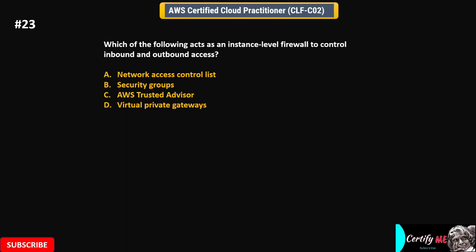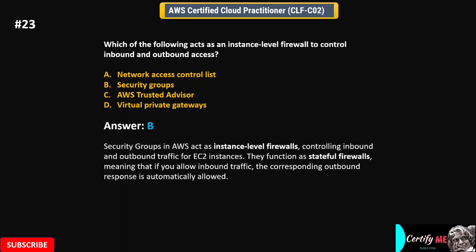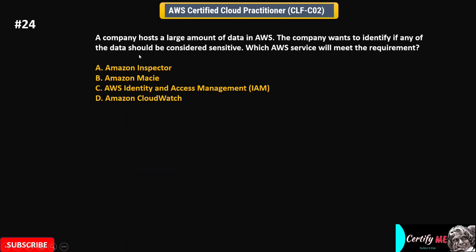The correct answer is option B. Security groups in AWS act as instance level firewalls, controlling inbound and outbound traffic for EC2 instances. They function as stateful firewalls, meaning that if you allow inbound traffic, the corresponding outbound response is automatically allowed.